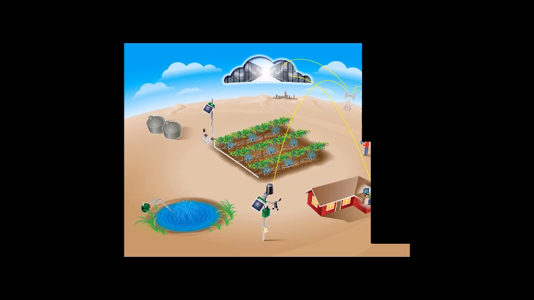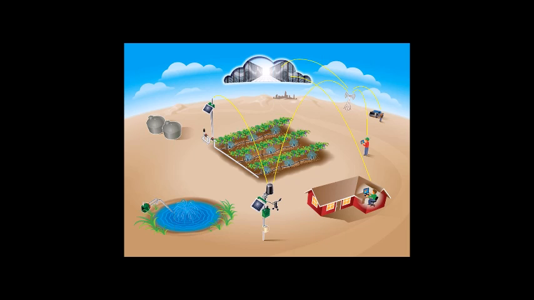Sometimes we'll catch the flow at a valve location, and that communicates through the base station, which then communicates through the cellular network to our server. So the base station acts as what we call a gateway.